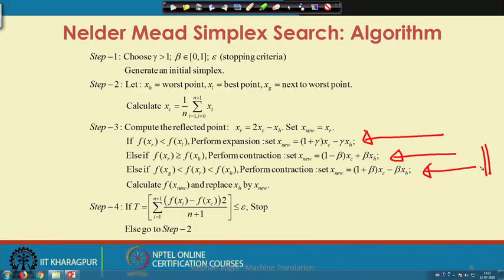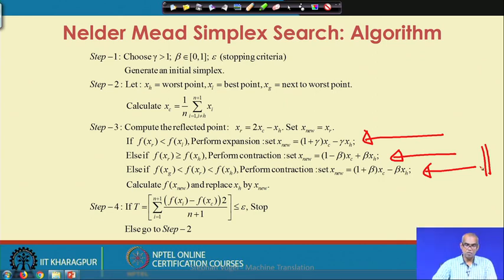One way to check the convergence is that the difference between the centroid and all other vertices is negligible, less than the value epsilon. In that case, we stop, otherwise we go to step 2.